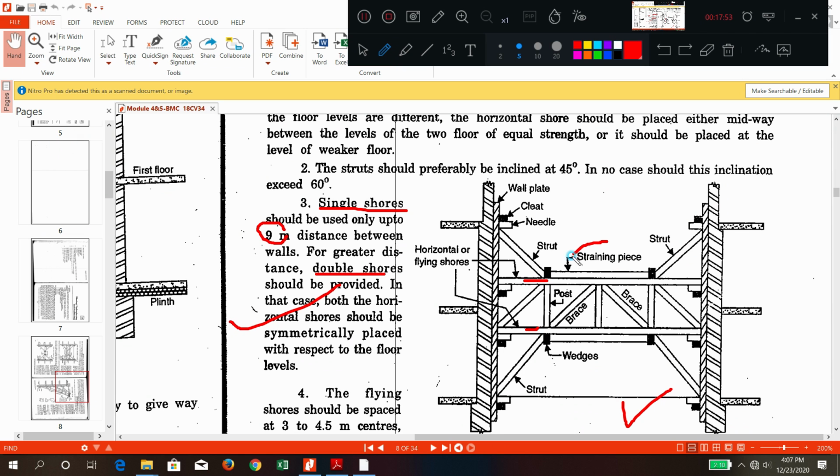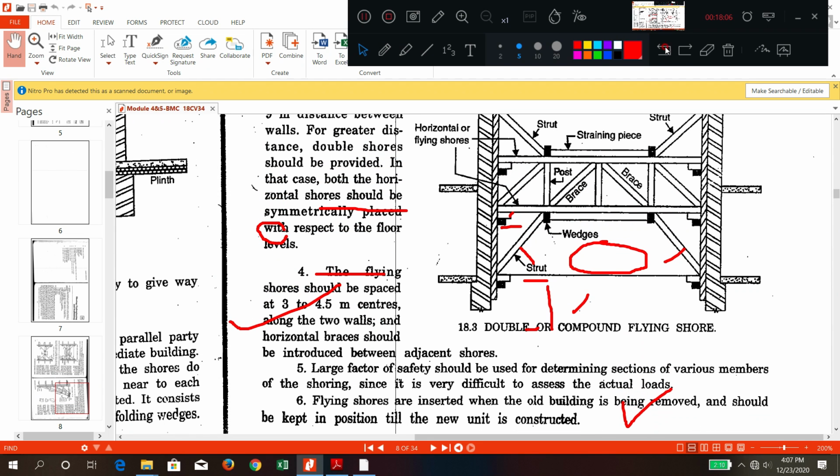Now this is the same thing. Straining piece, the vertical members of the frame, post. This is called brace, inclined struts, needles, cleats. All other things are the same. The center to center distance between one shore and the next should be 3 meters to 4.5 meters.